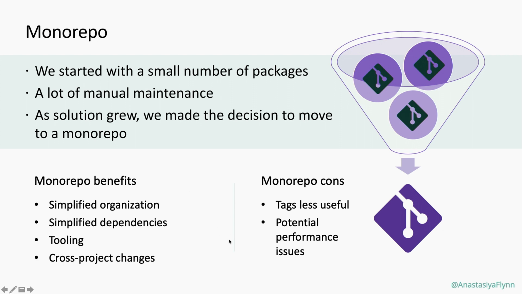So stuff like packaging, linting, code formatting, all of the things that you don't want to redefine across projects. And then the cons that I've seen people mention on the internet is tags are less useful, because when you tag something in your source control, it spans the whole code base, but you might just be changing something in one package.